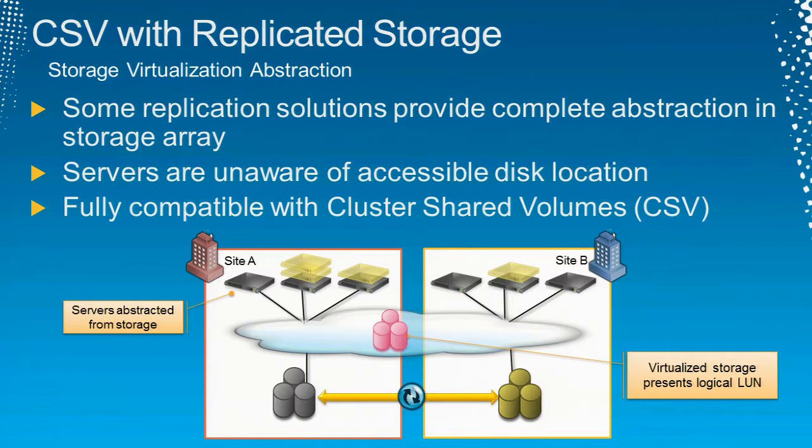When the cluster sees the storage, it sees one storage. All the replication and site-specific information is completely abstracted from the cluster, so it is exposed as a virtual storage, and it works excellently with clusters. So I would highly recommend, if you are considering CSV for your multi-site clustering, you should talk to the vendors. There are definitely a number of solutions which are fully compatible with CSV.